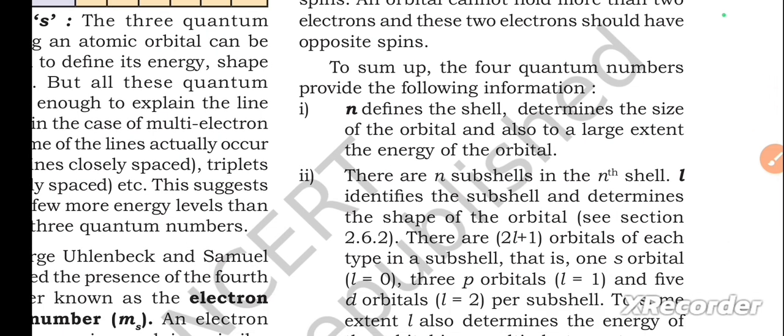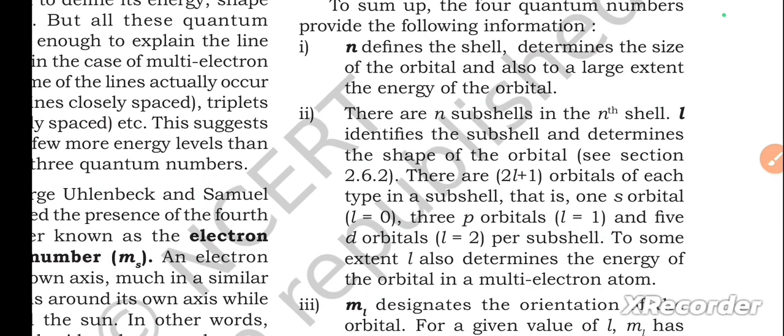To sum up, the four quantum numbers provide the following information. First, n defines the shell, determines the size of the orbital and also, to a large extent, the energy of the orbital. Second, there are n subshells in the nth shell. l identifies the subshell and determines the shape of the orbital. See section 2.6.2.